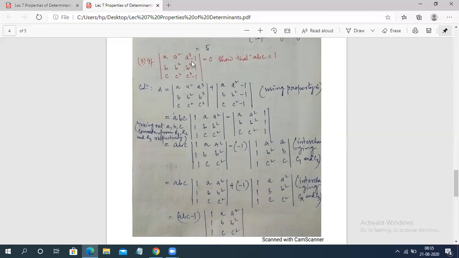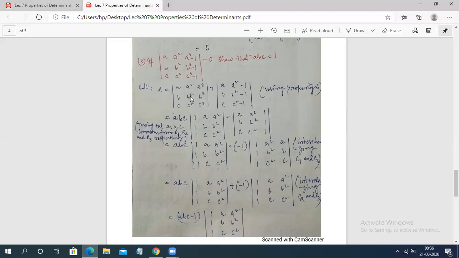If each entry of any column is the sum of two terms, then the determinant of that matrix can be written as the sum of the determinants of two terms. So this determinant can be written like this.